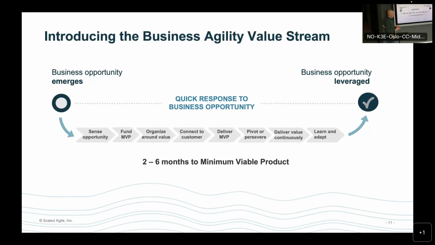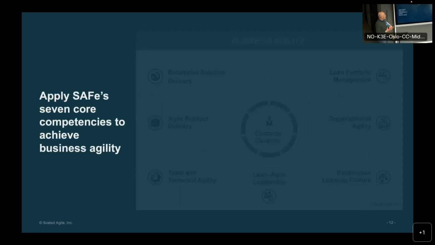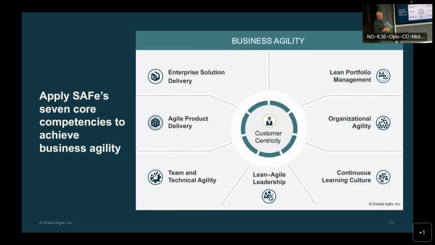And then we have actually valid learning, right? So I will take you through these. But at the bottom or the foundation for these are the core competencies, right? So everything that SAFe does is basically leaning towards one of these. So this is a lot of practices, principles, and so on that lies within all these 7 areas.